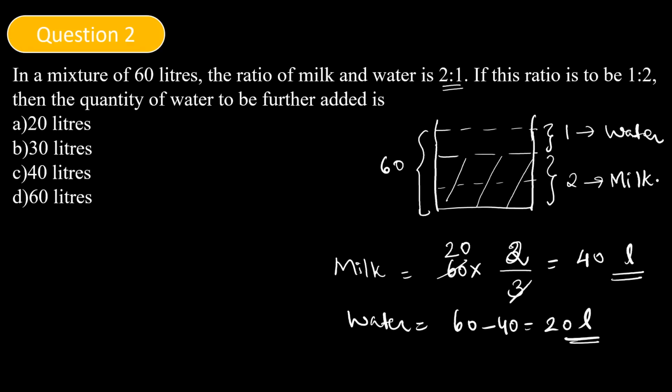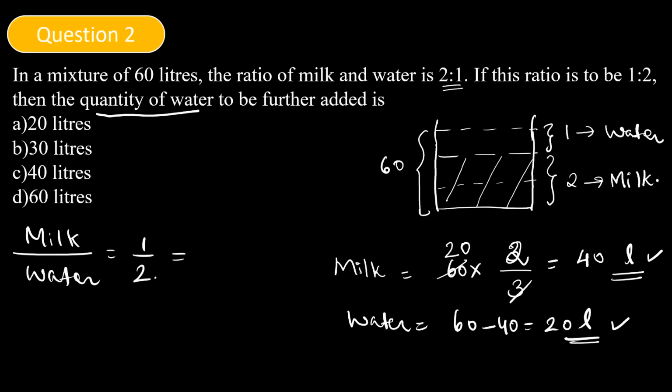Now it is said that if the ratio is to be 1:2, then the quantity of water further added is. Milk by water ratio is to be 1:2. We know that milk is 40 liters and water is 20 liters.